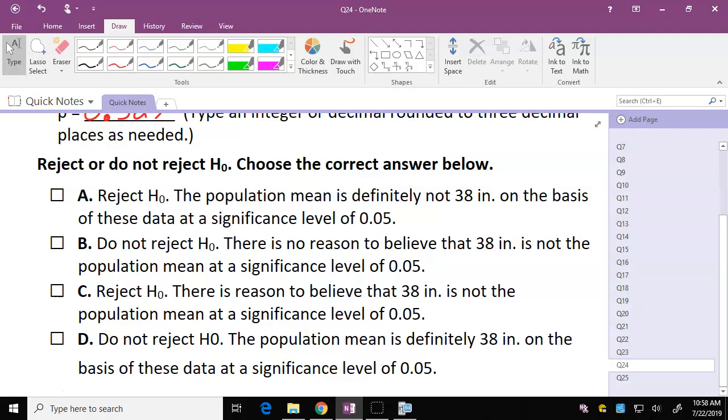So we're not rejecting. D. Because if you look at part B, it says there is no reason to believe in the 38 inches. But remember, our null hypothesis, we didn't reject it. We said it was 38 inches. Okay? So there's no reason to reject that.